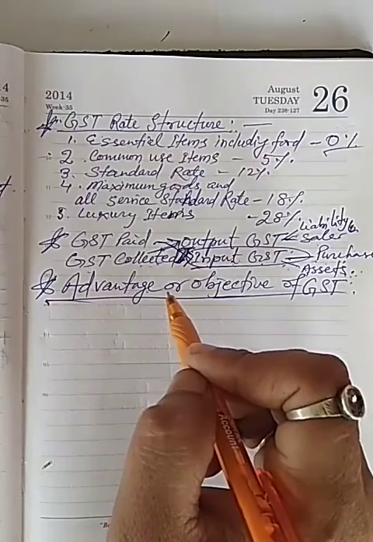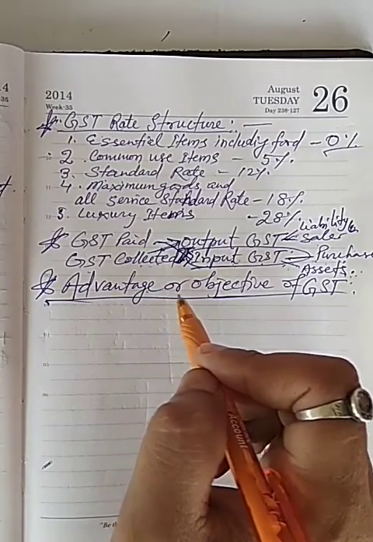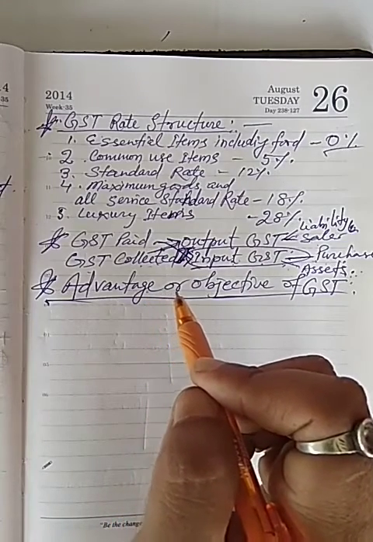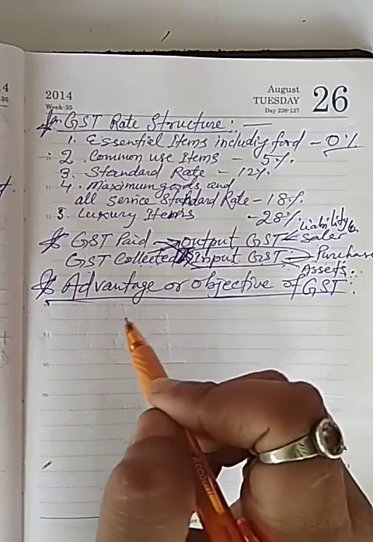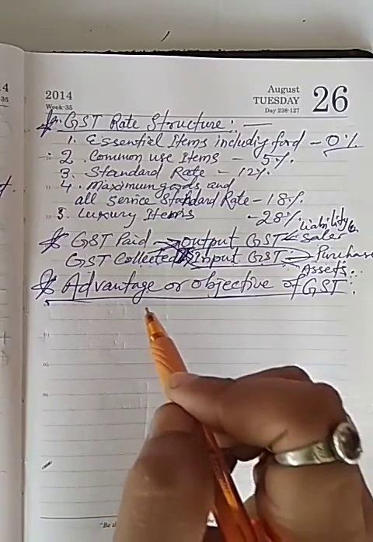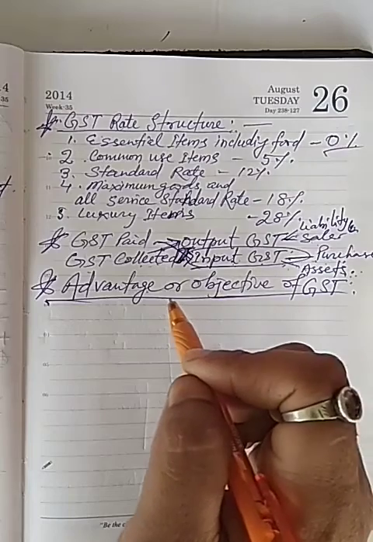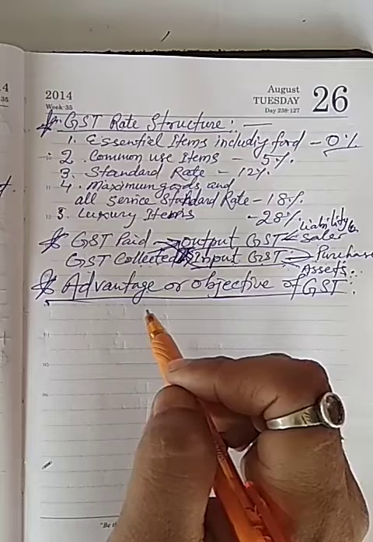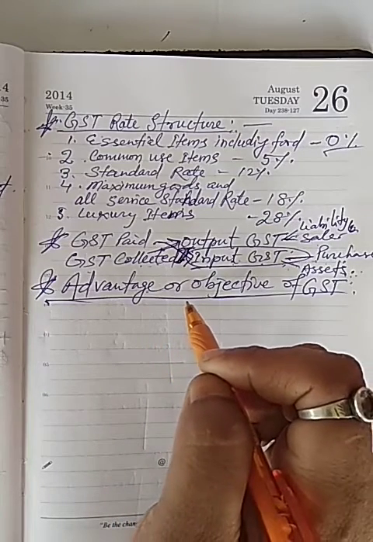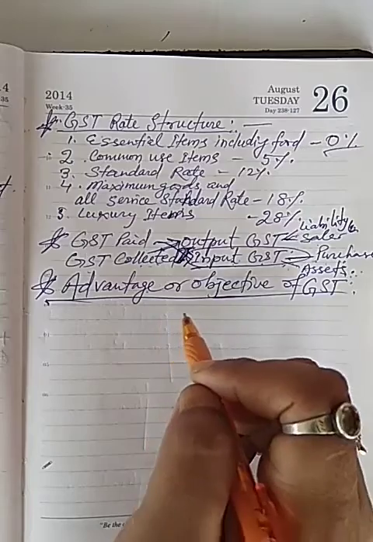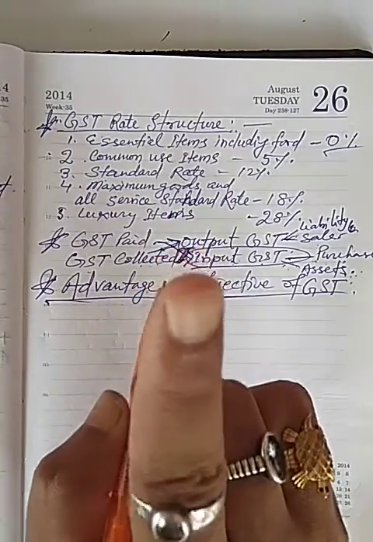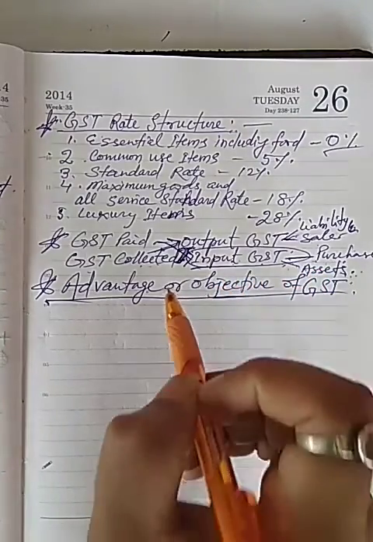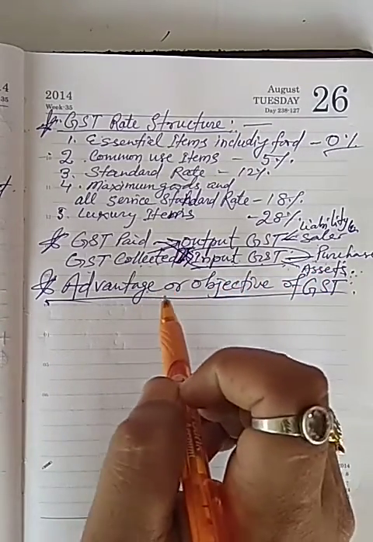This led to a tax on tax, also known as cascading effect of taxes. GST avoids this cascading effect as the tax is calculated only on the value added at each stage of transfer of ownership.